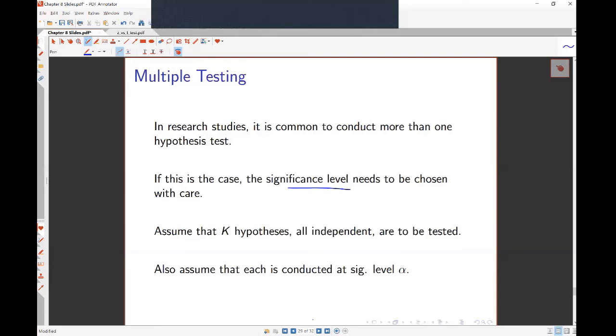Specifically, let's say that there are k different hypotheses, and these are all independent of one another. So we either know that they're based on samples that were independently collected, or we know theoretically that these tests do not affect one another, in practice, that even if we're evaluating them on the same data, their results are independent. And let's assume that each of these k hypothesis tests is conducted at a significance level of alpha.